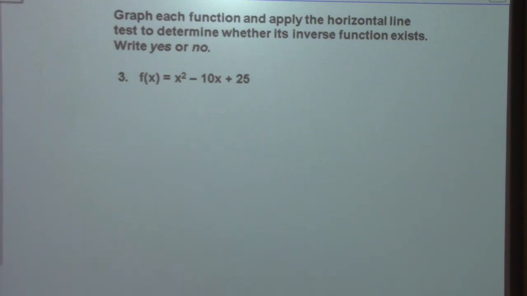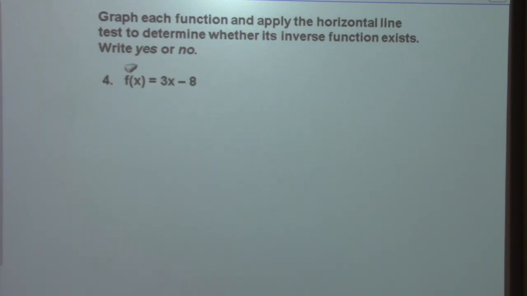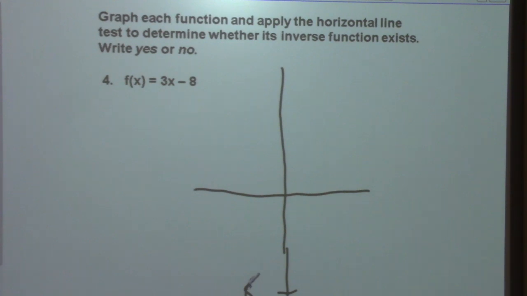What would 4 be? For 4, we have this function here, 3x minus 8. To graph this, we have a y-intercept down here at negative 8, and we go up 3 over 1.